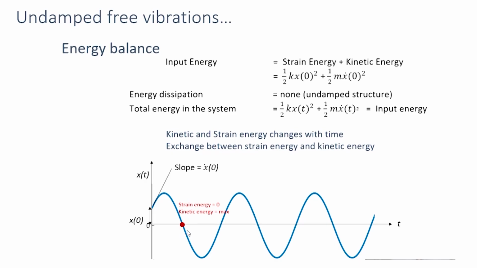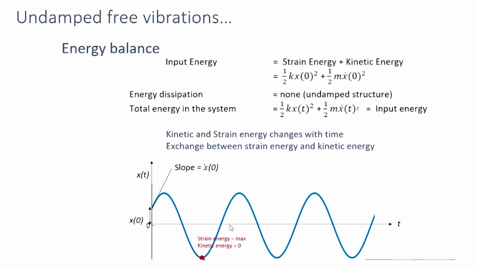Again, when this moves here, we have maximum strain energy and 0 kinetic energy. Anywhere in between, the system will have both strain energy and kinetic energy. At each instant their values will change, but the sum of the kinetic and strain energy at each instant will be equal to the input energy given.